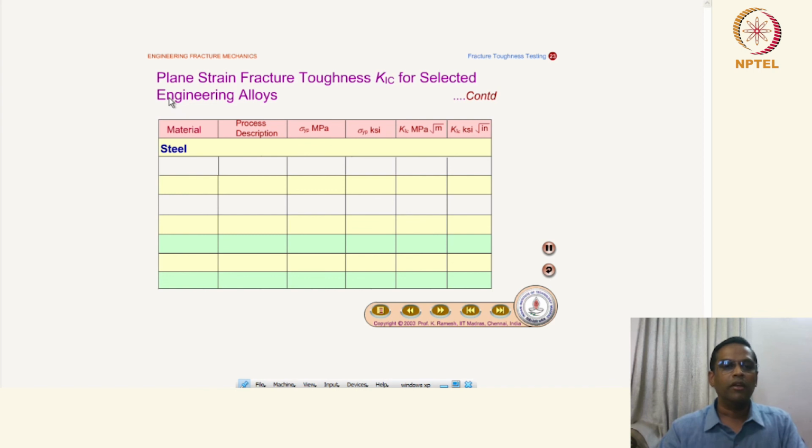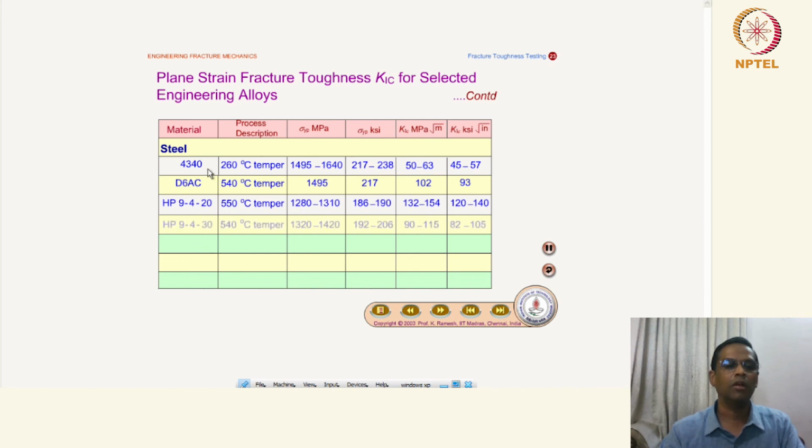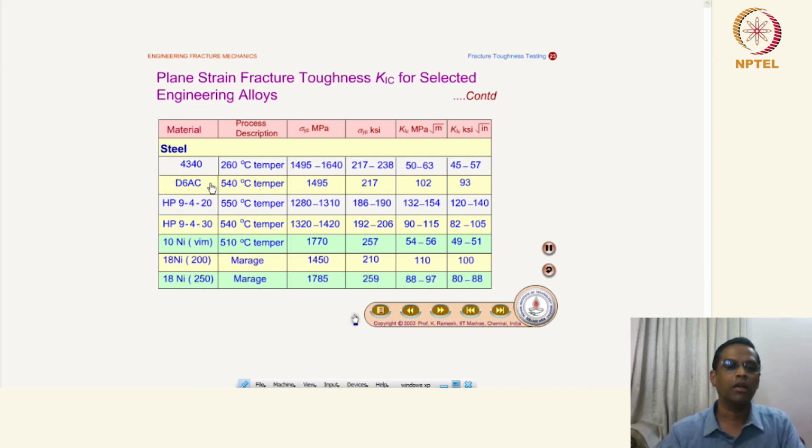Here are some plane strain fracture toughness values for selected engineering alloys, just to give an idea about what kind of material we are dealing with. 4340 is a very important steel, after tempering at 260 degrees centigrade, that is, quench and temper condition.